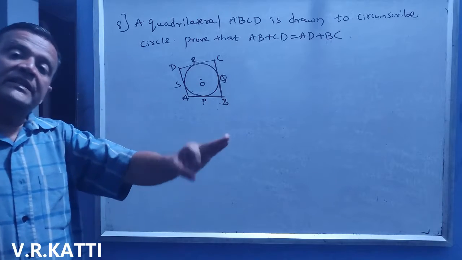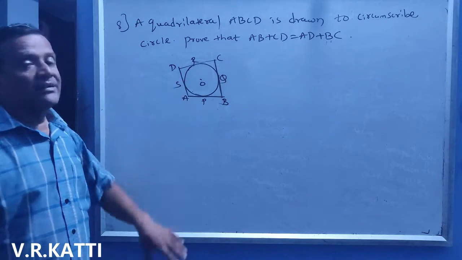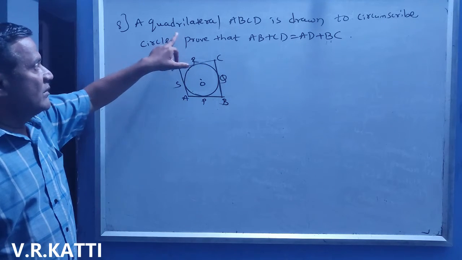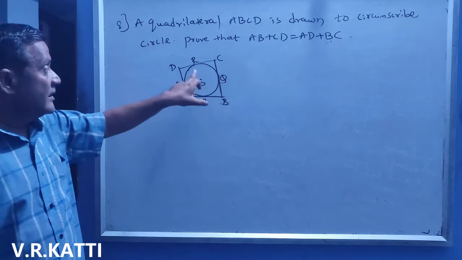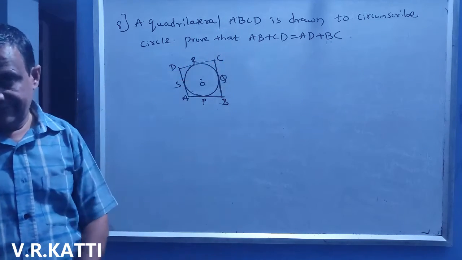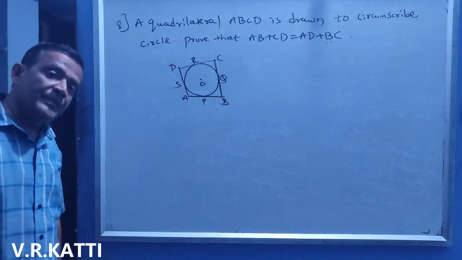If a quadrilateral is inside the circle, then it is inscribed in the circle. Is it not? Prove that AB plus CD equals AD plus BC.